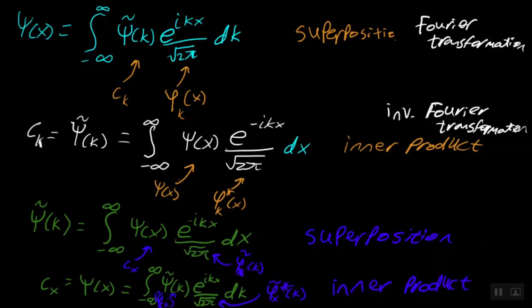And usually from now on when I write it, I'll write this 1 over root 2 pi in front, so it will look something like this: psi of x equals 1 over root 2 pi integral from negative infinity to infinity of e to the ikx, or sorry, psi tilde of k. You guys get the point.